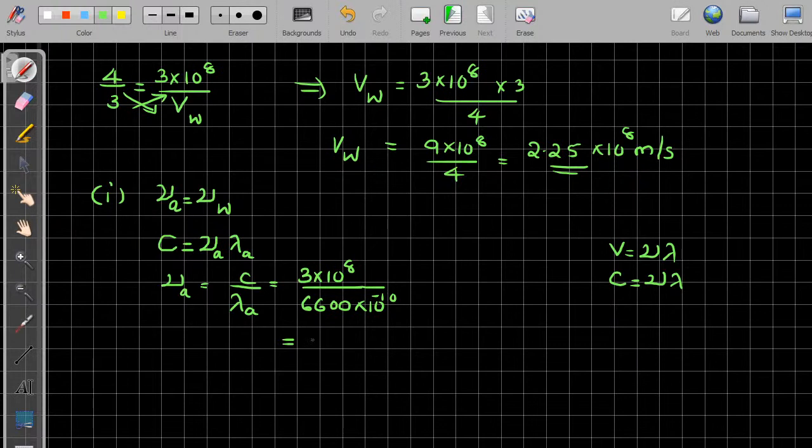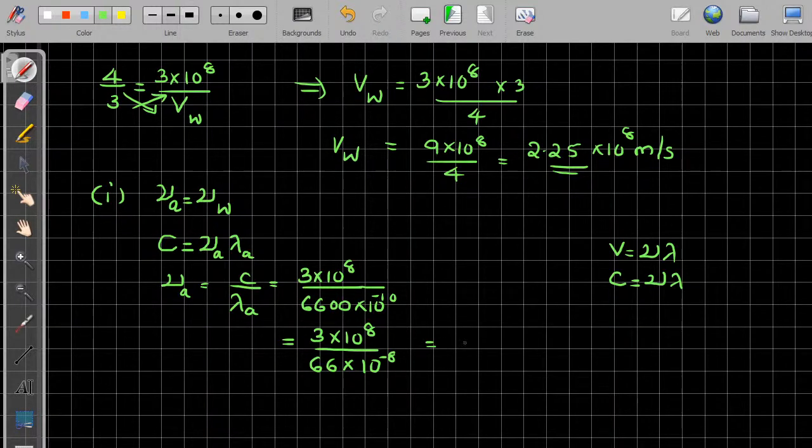If you solve this, I'll add one more step here. 3 into 10 raised to 8 divided by, I can write it as 66 into 100, I can write 6600. 100 can be written as 10 raised to 2. So 10 raised to 2 times 10 raised to minus 10 becomes 10 raised to minus 8.